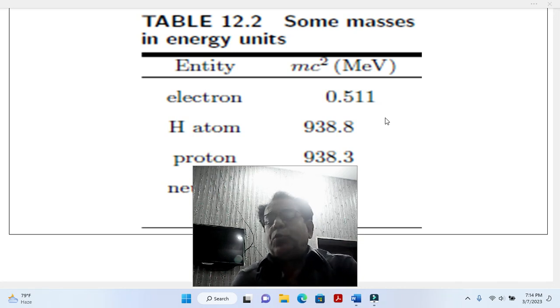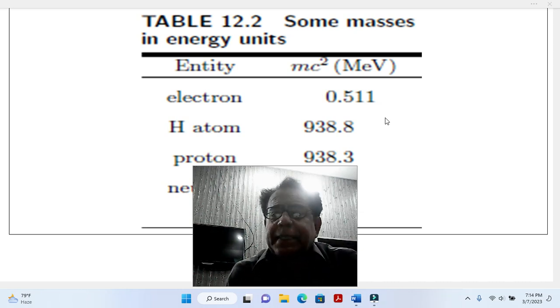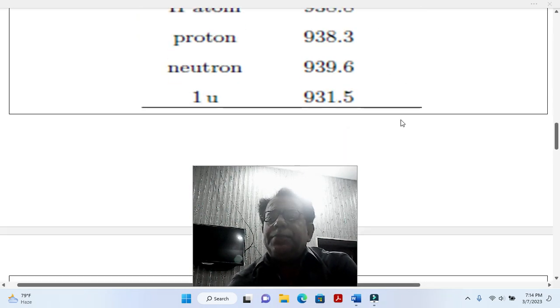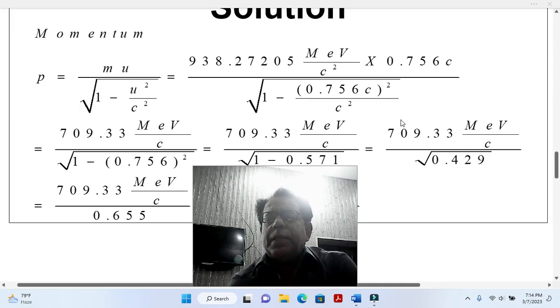So in place of mc square we have to use the value 938.3 million electron volt, or alternatively we can convert it to electron volt, but for the time being we move forward.